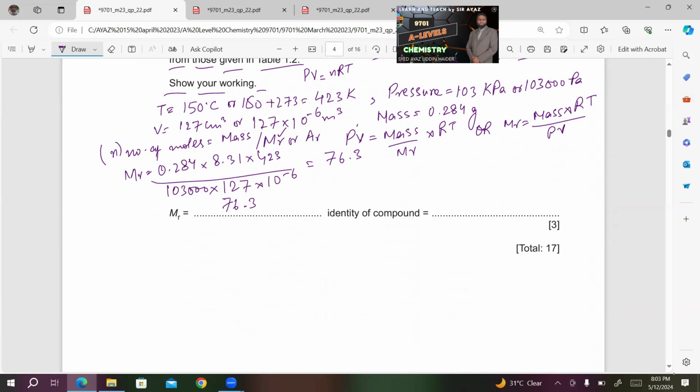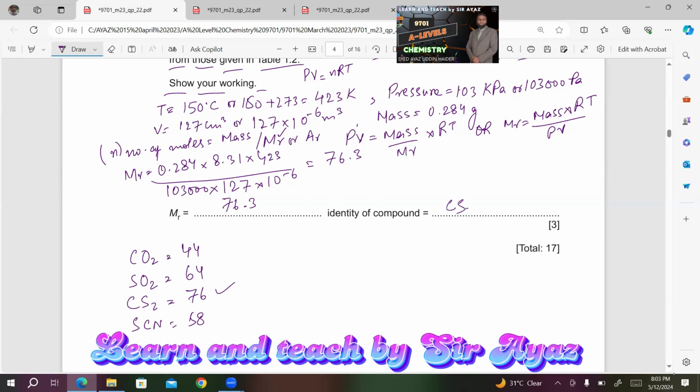Let's write there MR. For CO2, MR is 44. SO2, MR is 64. For CS2, MR is 76. What about SCO? It's 58. So it must be CS2. So you write CS2 here.